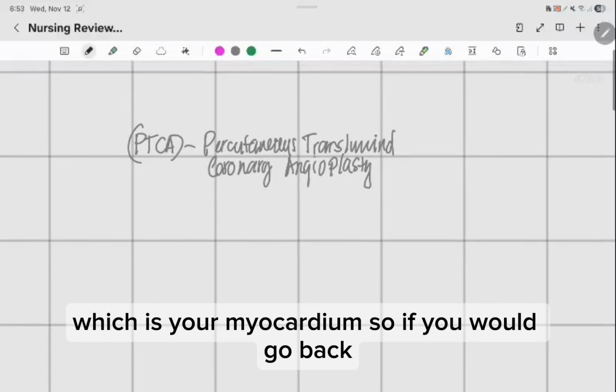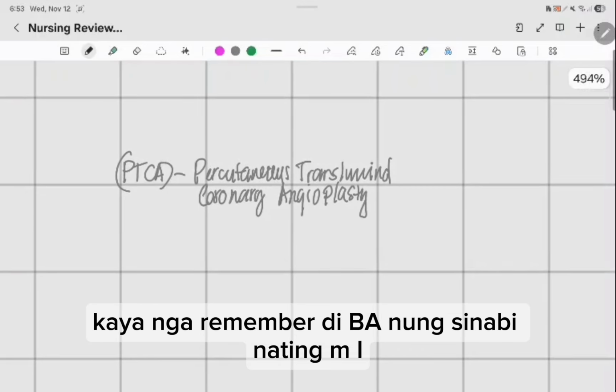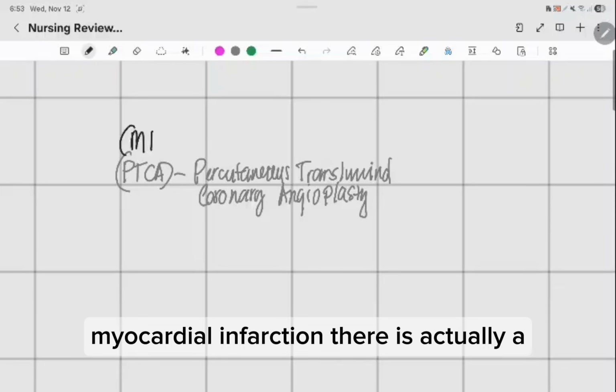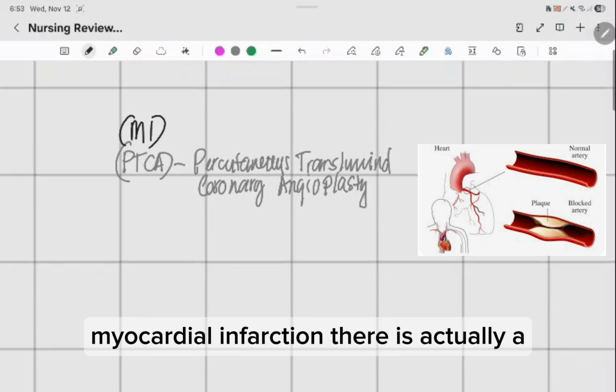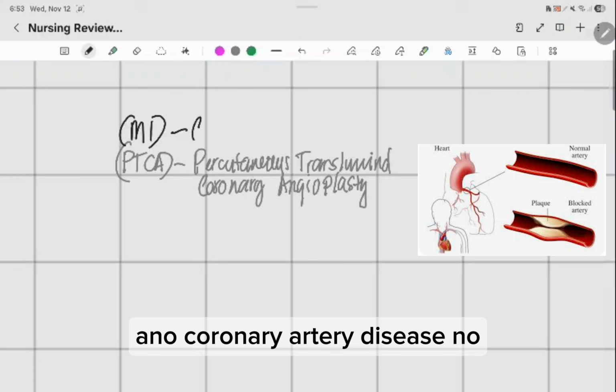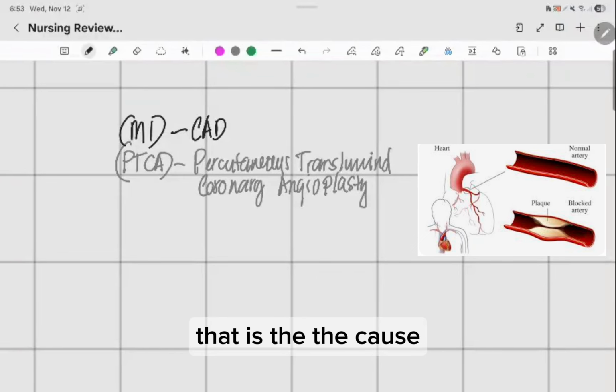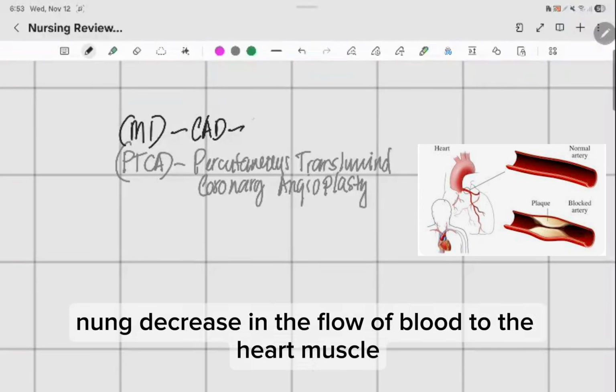So if we would go back, kaya nga remember, 'di ba, nung sinabi nating MI, myocardial infarction, there is actually a coronary artery disease, no? That is the cause nung decrease in the flow of blood to the heart muscle.